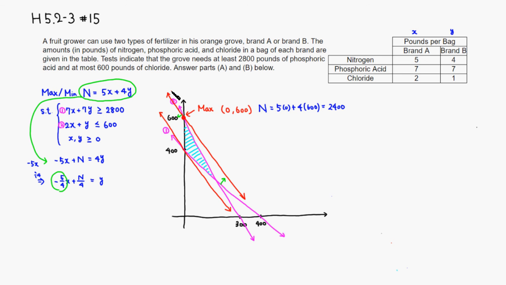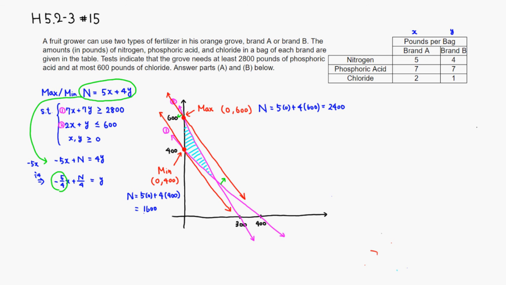So the minimum is going to occur at this point right here. In this case, x is 0 and y is 400. So at that point N is 5 times 0 plus 4 times 400, which is going to be 1,600.